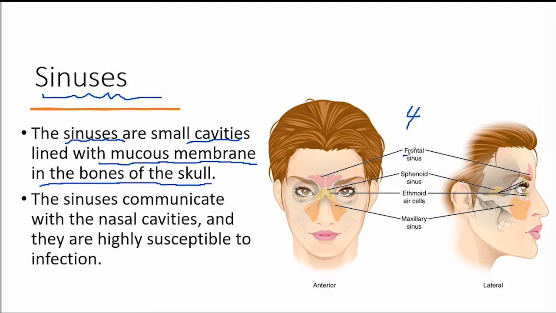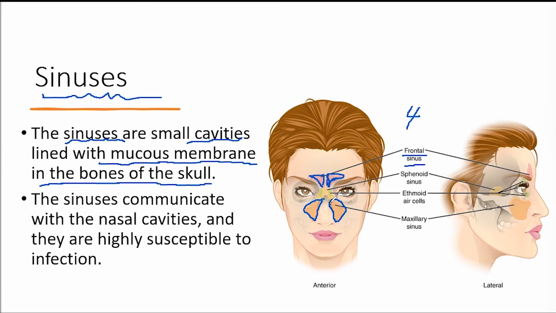Inside the frontal bone, we have frontal sinuses. Like in the picture here, each side has one. That's why we call it a pair. And another bigger one, inside the maxillary bone, we have another pair of sinuses.